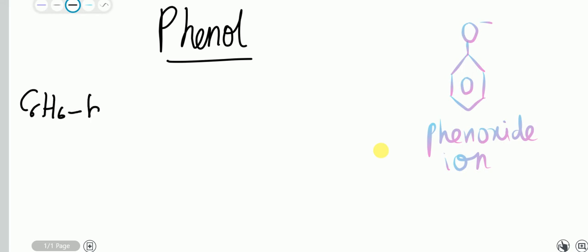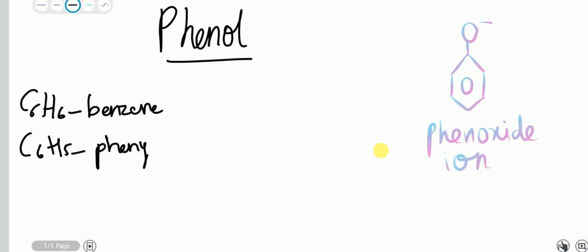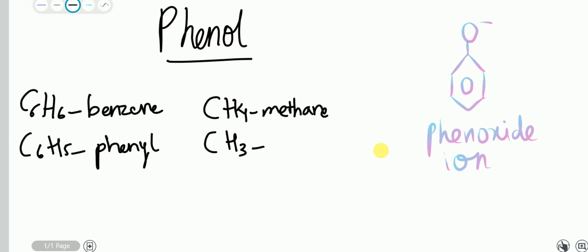C6H6 is benzene, and if you remove one hydrogen we get phenyl, right? It's very much the same as we have in our simple alkanes. For example, we have CH4, that's methane, but if we remove one hydrogen from here we have CH3, so that will turn into methyl.